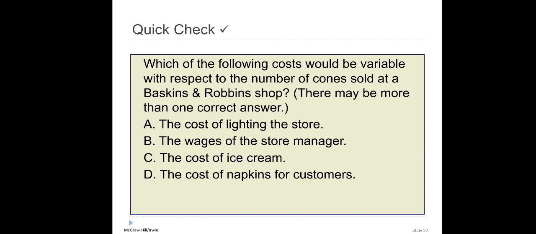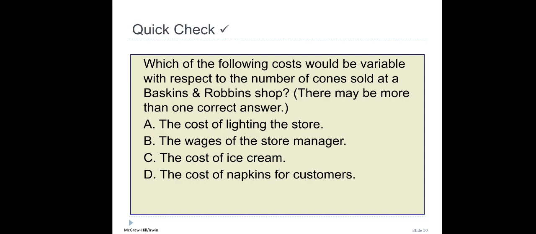Because no matter how many units of ice cream you sell, the cost of lighting is the same. The wages of the store manager is a fixed cost because no matter how many ice creams the business sells, the wages of the manager are the same. But the cost of ice cream is a variable cost. The more the business sells ice cream, the higher the cost.